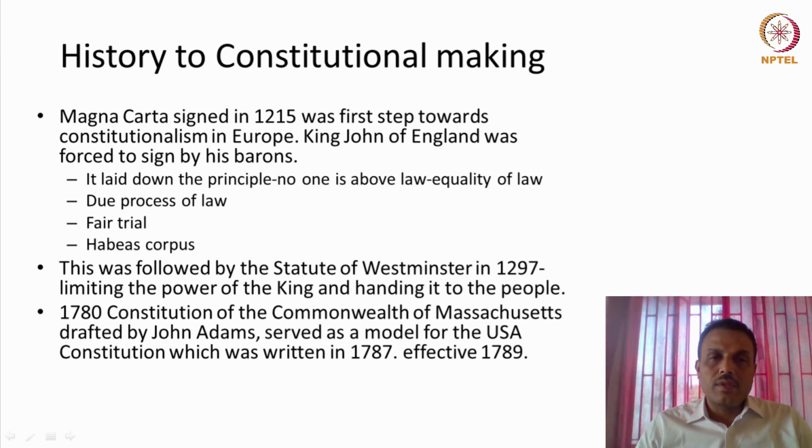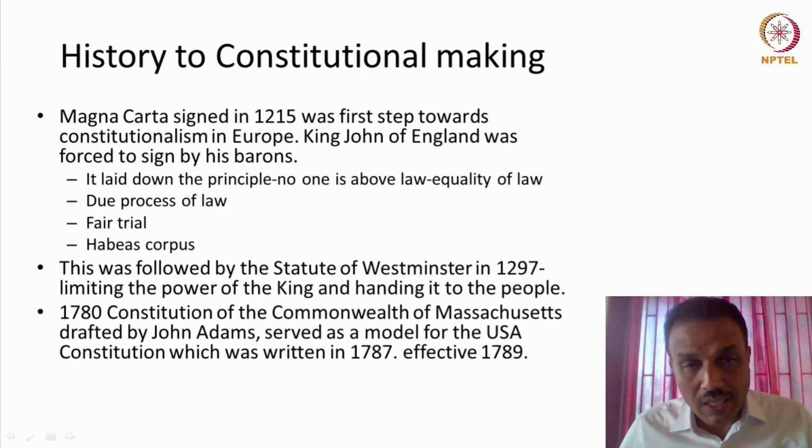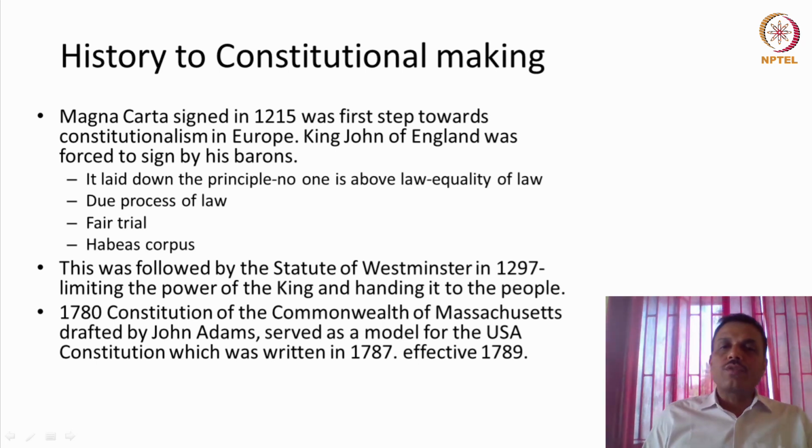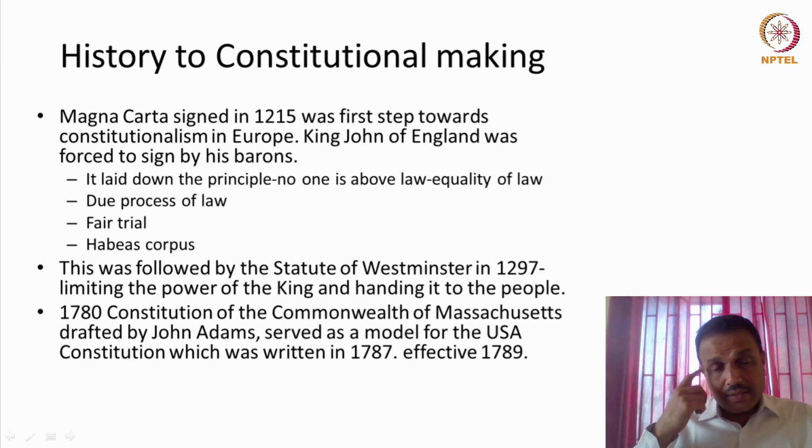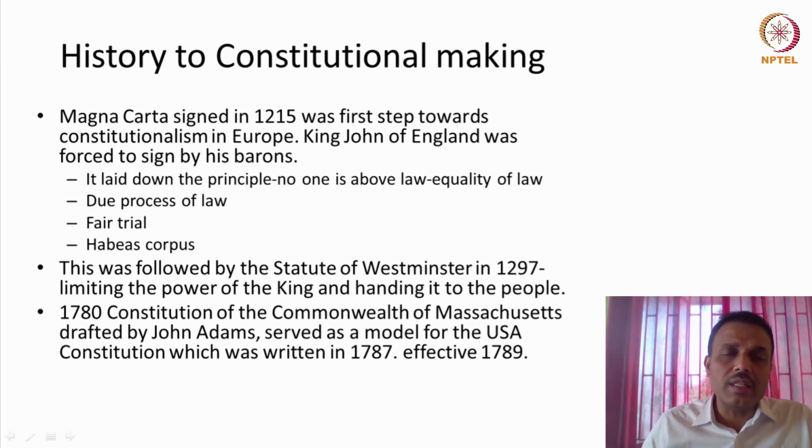Magna Carta is probably one of the first human rights documents, where citizens demand rights and insist on duties from the state or the crown. King John of England was forced to sign this by his barons. What did the Magna Carta do?